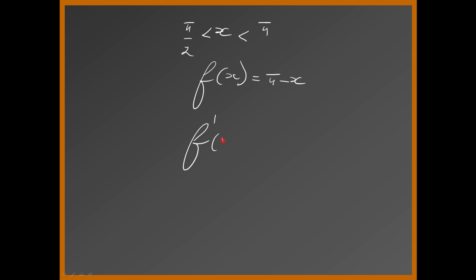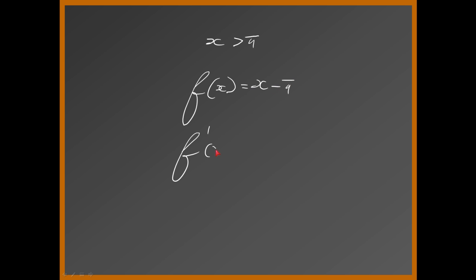When x is between pi over 2 and pi, the function f of x will be equal to pi minus x. This means that f prime of x will be equal to 0 minus the derivative of x, which is 1, so minus 1.